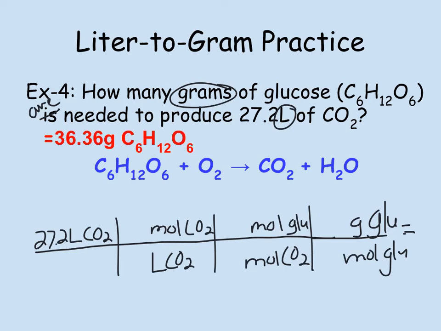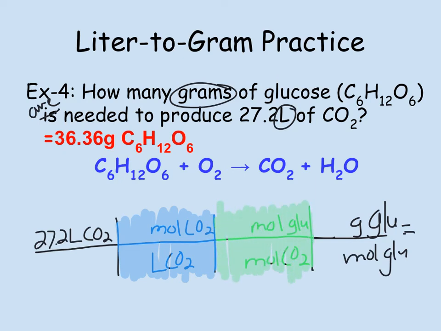So what I now want to look at is just what I see here, okay? So I see this is a conversion factor, this is a conversion factor, and this is a conversion factor, okay? And so what I'm going to do is essentially plug in as I go along.